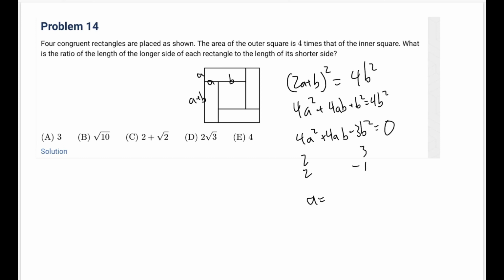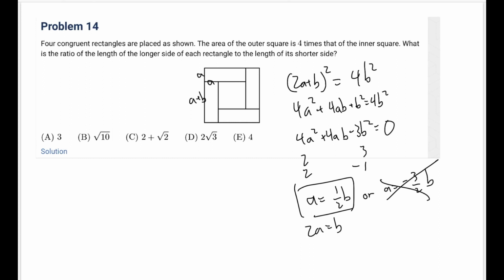A equals 1/2 B, or A equals negative 3/2 B, but since A and B both have to be positive, this is impossible, so A equals 1/2 B. So this means that 2A equals B. So if we switch B to 2A, then the length of the longer side of each rectangle to the length of the shorter side. So the top is A, and this is A plus 2A. This is 3A. So the ratio of the length to the shorter side is 3A over A.